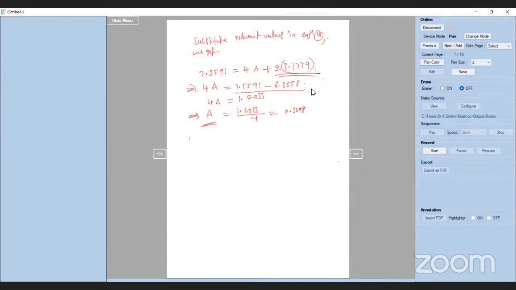From capital A equal to 0.3008, we can find the small a value. What is small a?